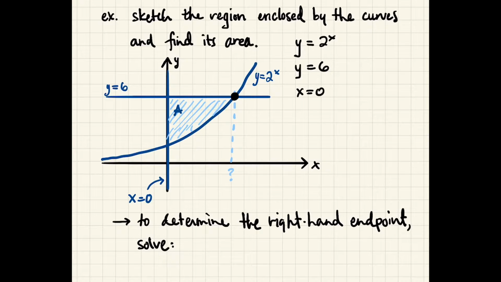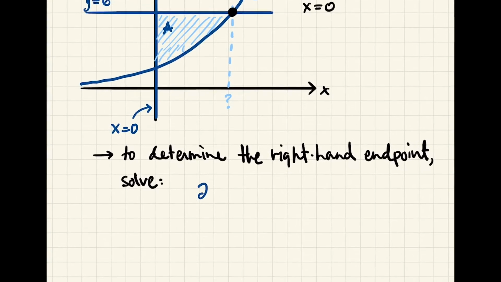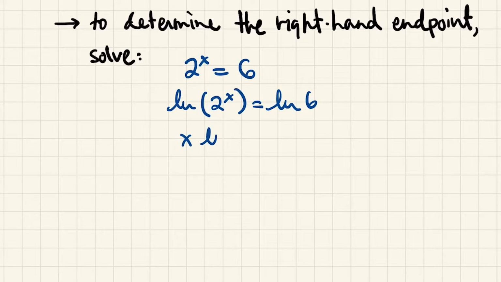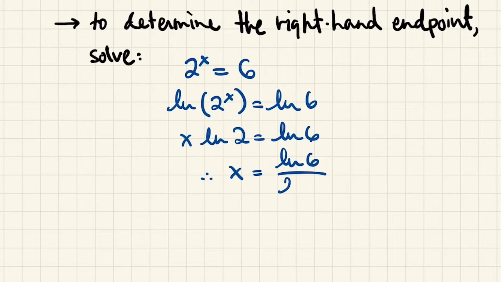Well, we know that that is the x value for which 2 to the x is equal to 6. So we're going to solve 2 to the x equals 6. Okay, so take the ln of both sides. We can bring that x down in front. And we get that x is ln of 6 divided by ln of 2.